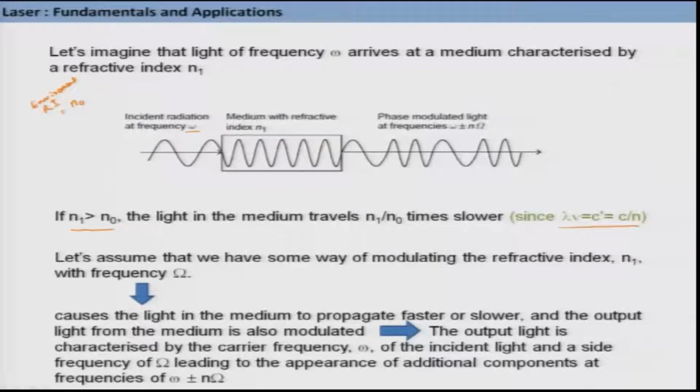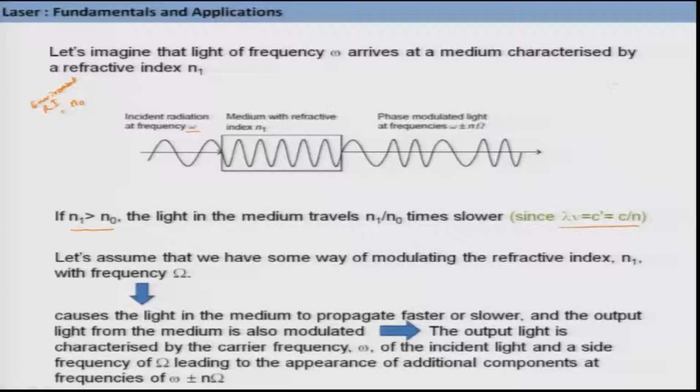Earlier we said that due to this Debye-Sears effect, the incident frequency will be shifted by an integer multiple of the frequency capital omega, in both directions: downward shift as well as upward shift.